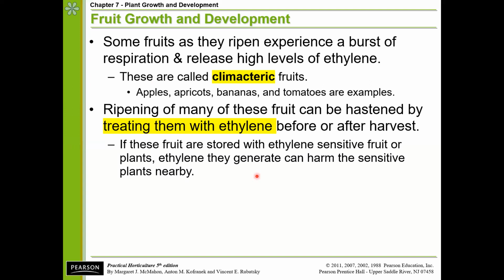So that treatment with ethylene, either before or after the harvest, continues that process of ripening. And if you have extra ethylene, it can also do some harm to ethylene-sensitive plants that could be nearby.